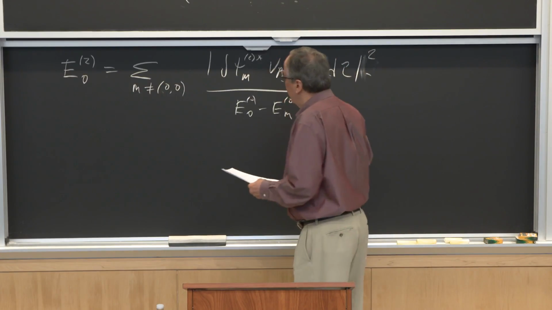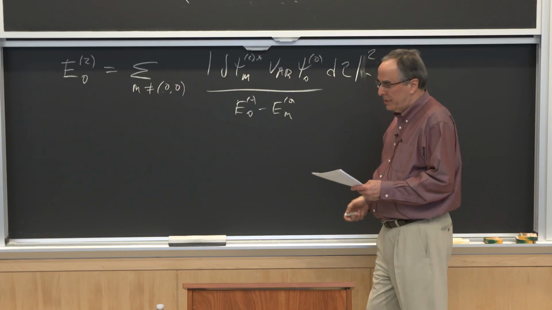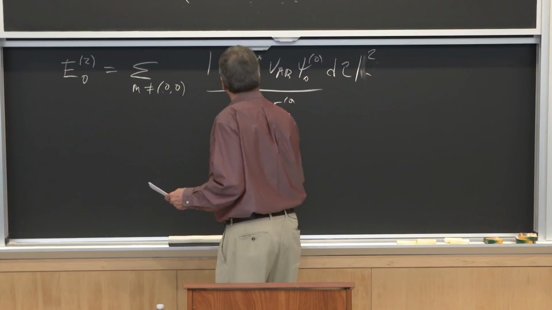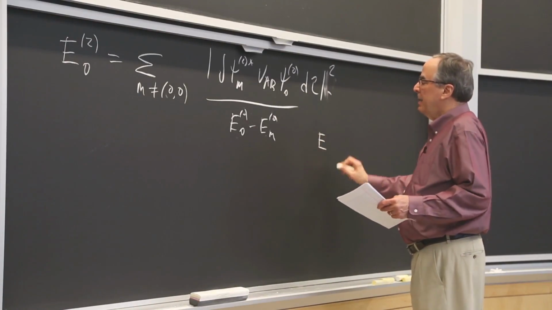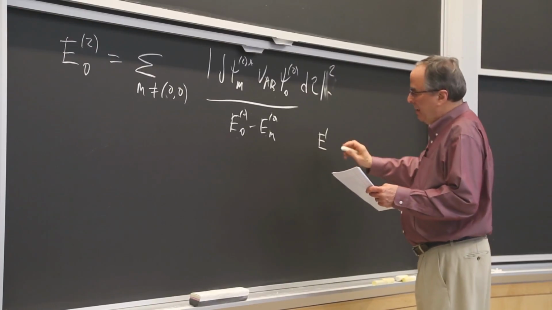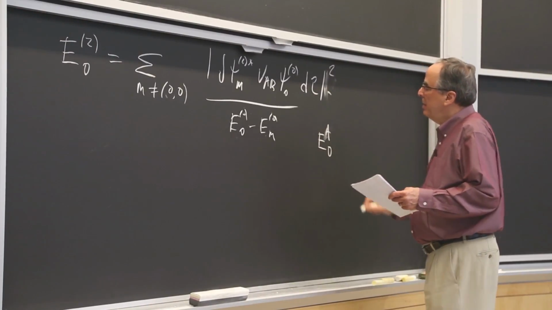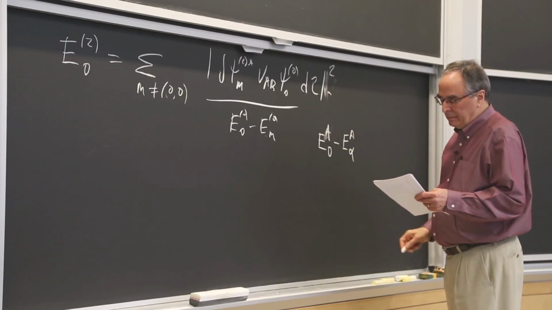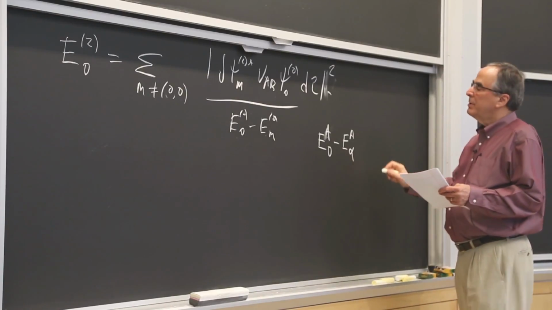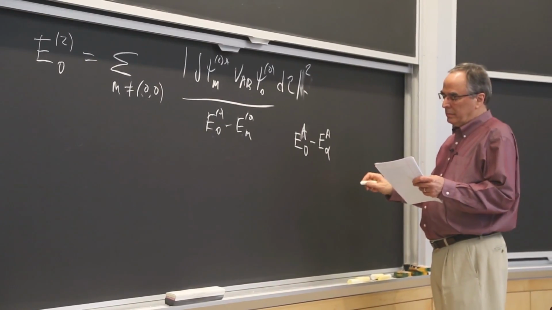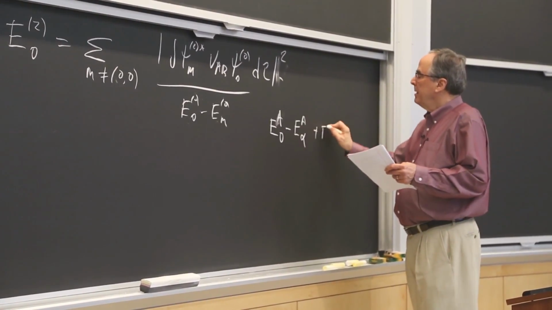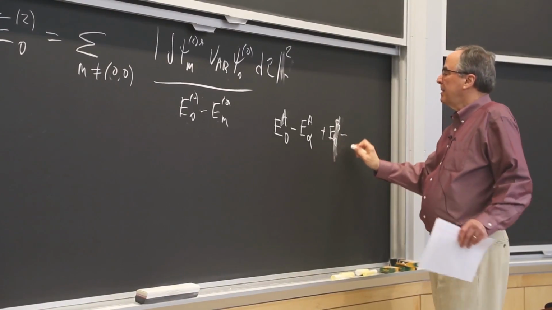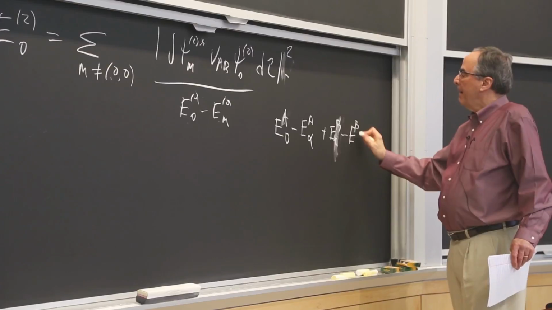Now we can unpack all this, and we can write the various terms in more instructive form. And what we'll have in the denominator will be E A 0 minus E A alpha, plus E B 0 minus E B beta.